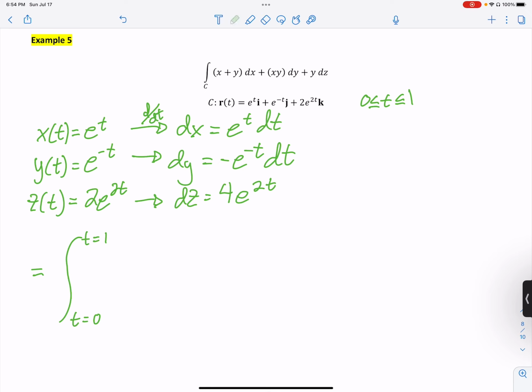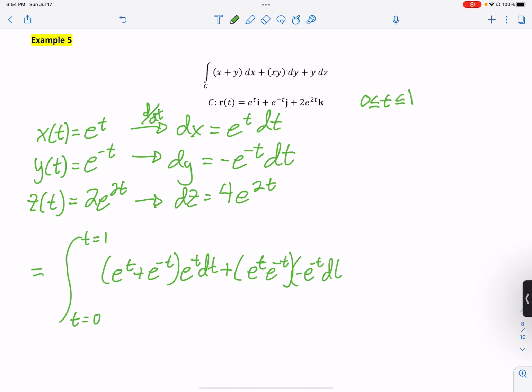So we got e to the t plus e to the negative t, times dx, which was e to the t dt, plus e to the t times e to the negative t times dy, which was that whole expression, and then plus y, which was e to the negative t, times dz, which is 4e to the 2t. All these have dt's at the end.